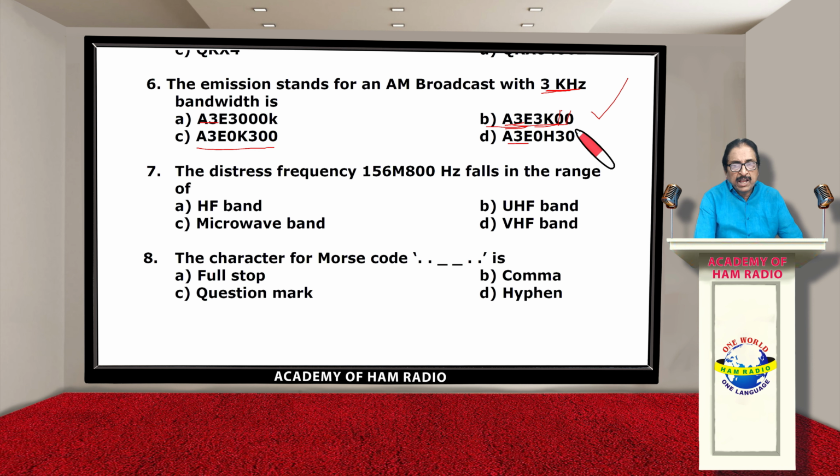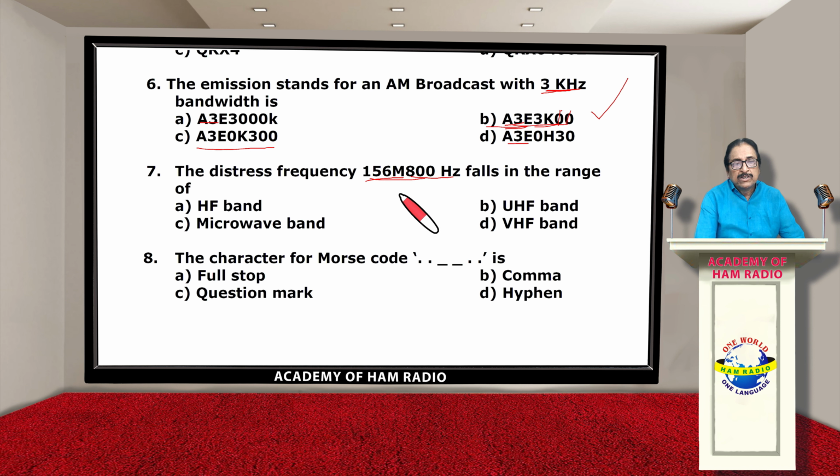So each bit carries 2 marks. Remember, the frequency 156.800 MHz falls in the range of. So here 4 bands are there: HF band, UHF band, micro band, VHF band. So we all know 156 means 156 megacycles.